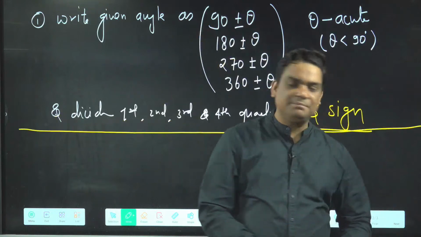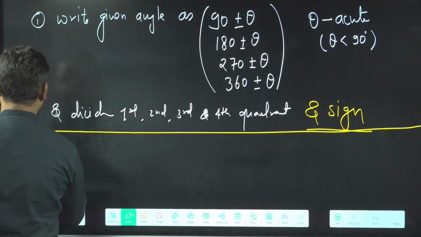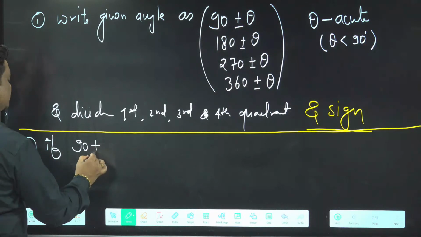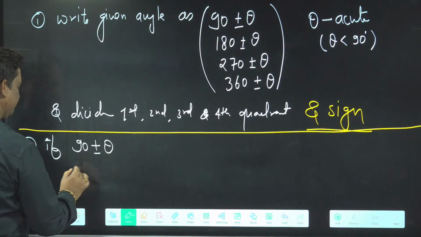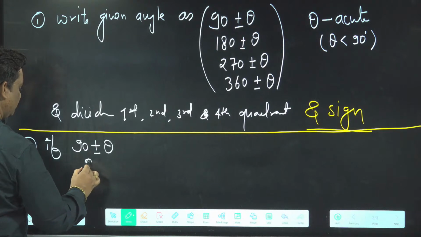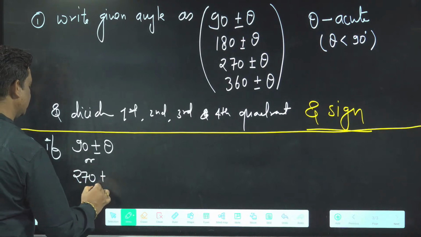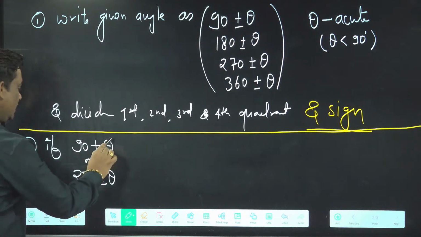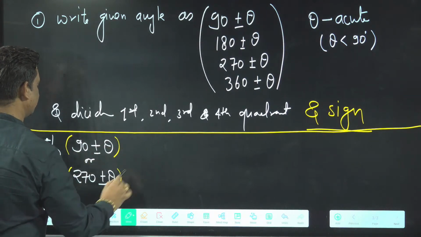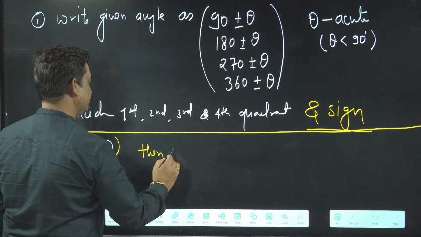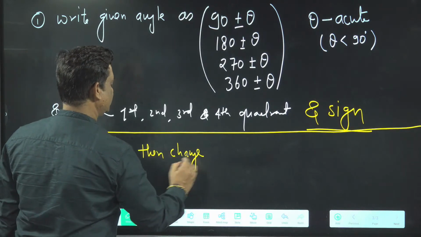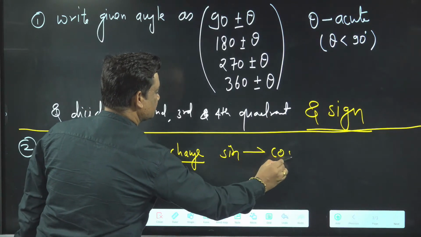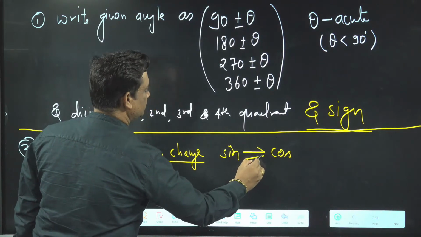So we can say rule number 2. If 90 plus minus theta or 270 plus minus theta is there, first you decide the sign, positive or negative. Then, if it is 90 plus minus theta or 270 plus minus theta, you are going to change sine into cos, and cos you will change into sine.